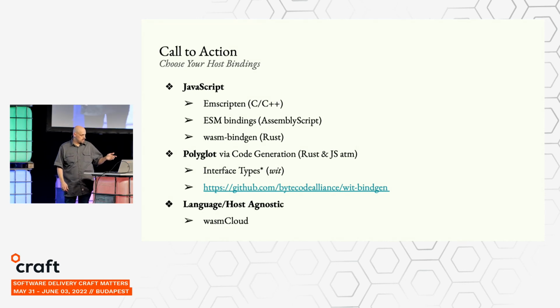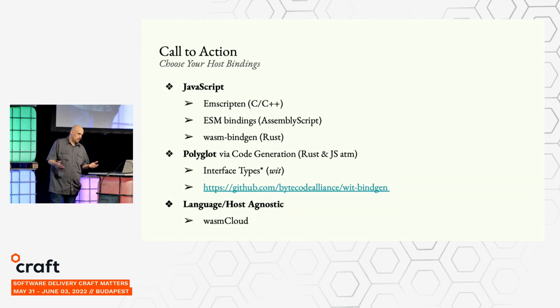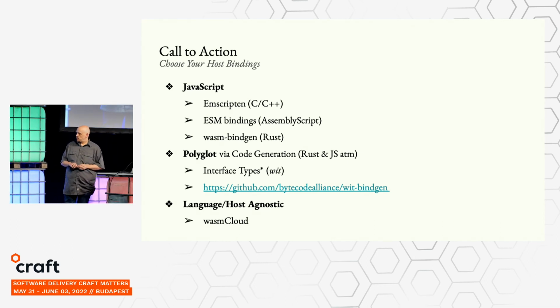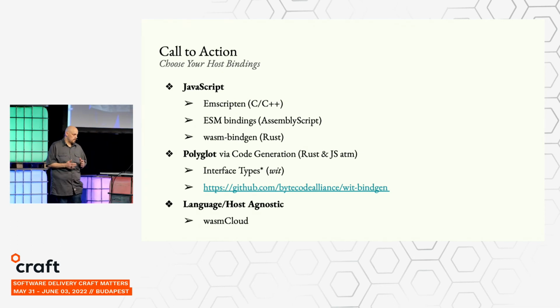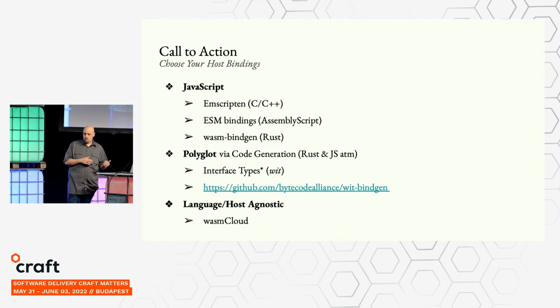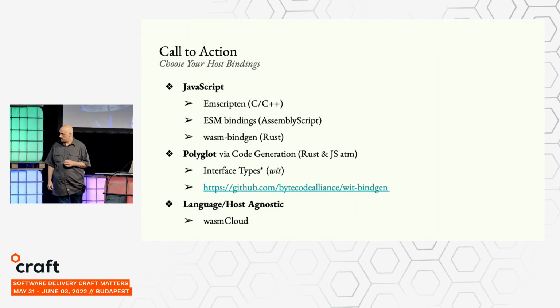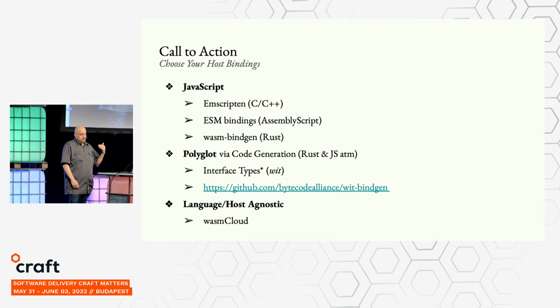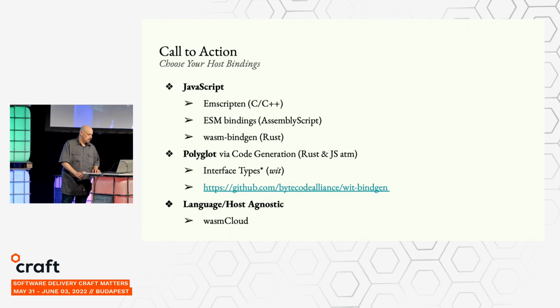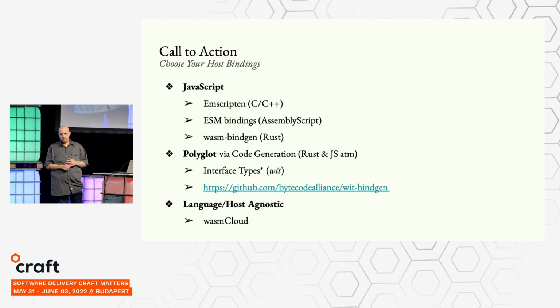And there's a tool called WIT bindgen that does a lot of the smoke and mirrors generation that I showed you a little while ago, but in theory it's supposed to allow you to take that WIT file and generate an interface in whatever language you want in order to talk to that WebAssembly module. Today it only supports Rust and JavaScript, so do with that information what you will.